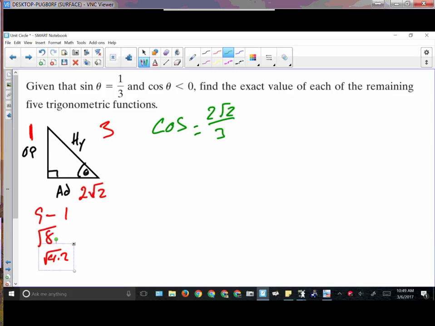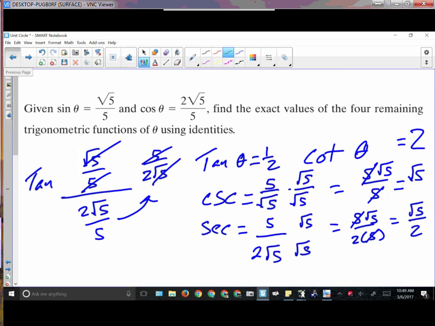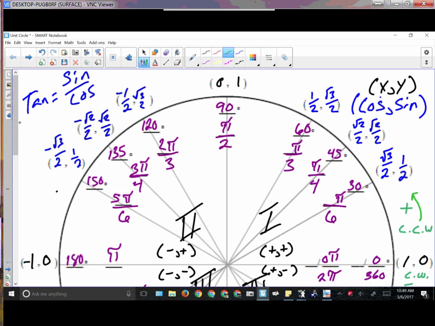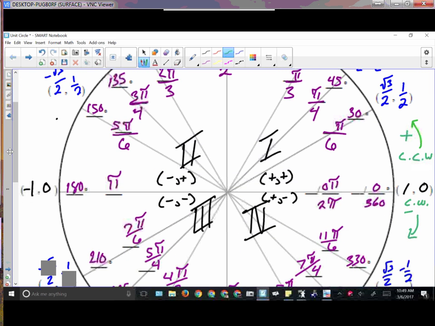So now mind you, it says cosine has to be less than 0. So if I go back here, cosine less than 0 only exists where? Cosine is the x, so that means where is x negative? That means it's got to be over here in one of these two possibilities, right?